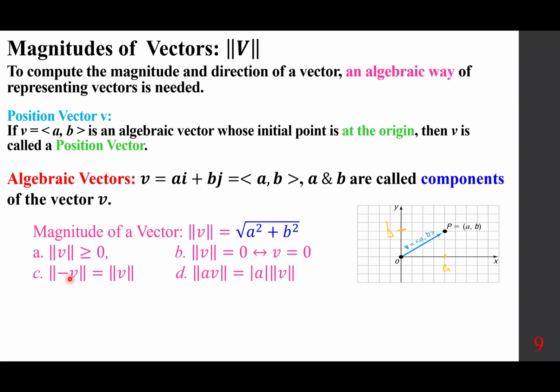The magnitudes of two vectors that are opposite are the same. So the magnitude of minus v and v are the same. If two vectors are opposite vectors, they must have identical magnitudes. The magnitude of a vector times a is the same as the absolute value of a times the magnitude of v. Remember, the magnitude is always positive. Even if a is a negative number, its absolute value is positive, and that's the key.